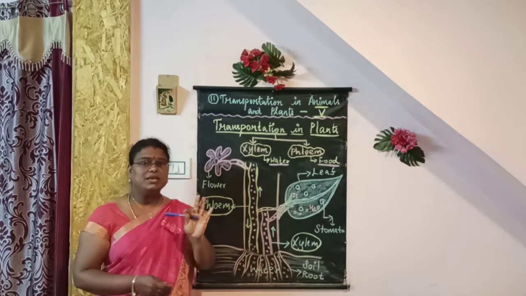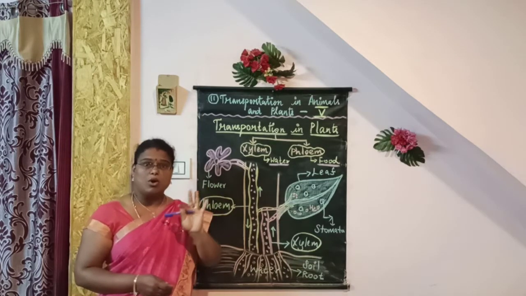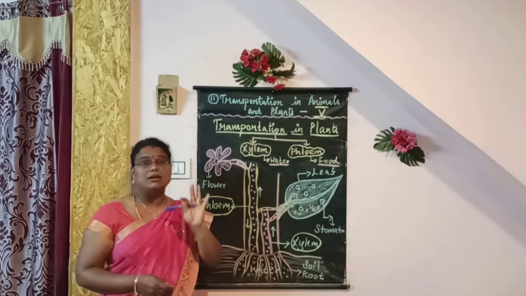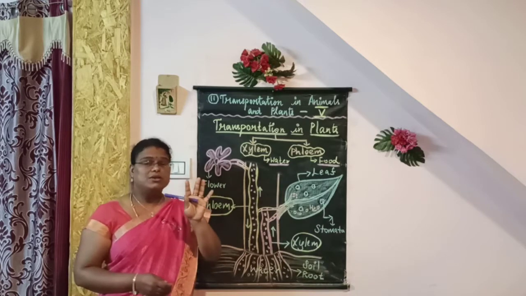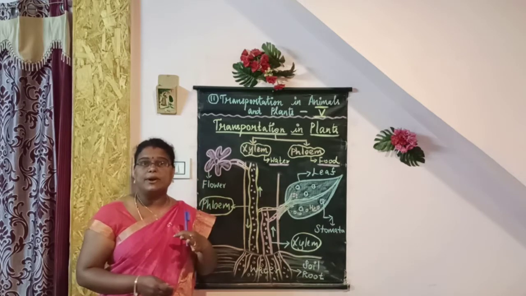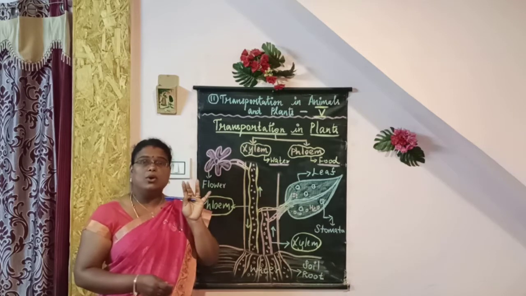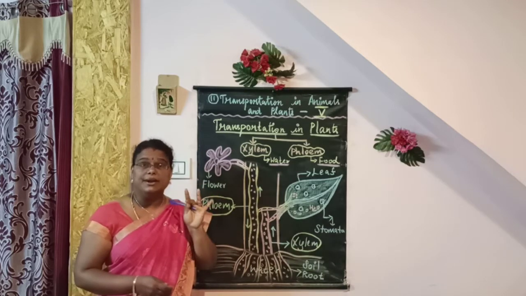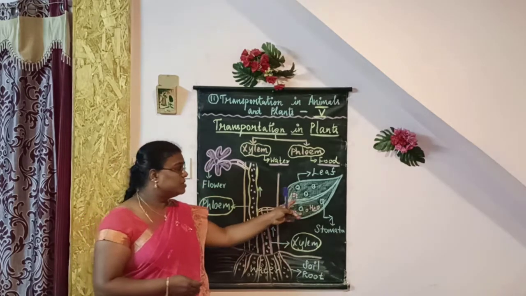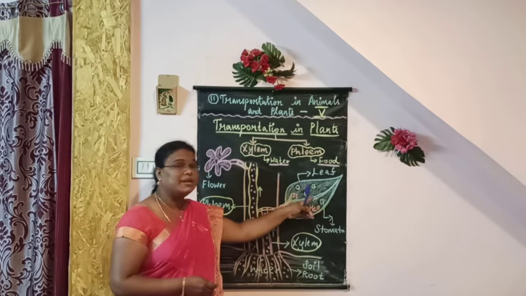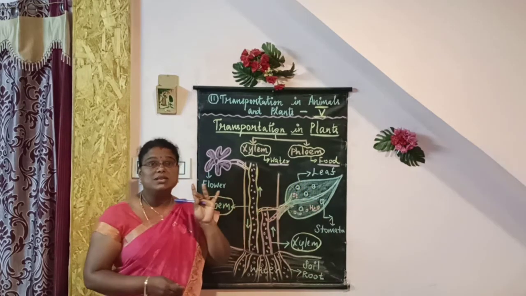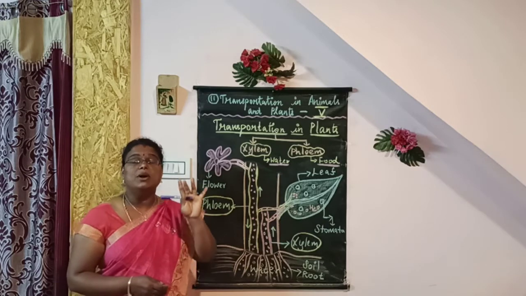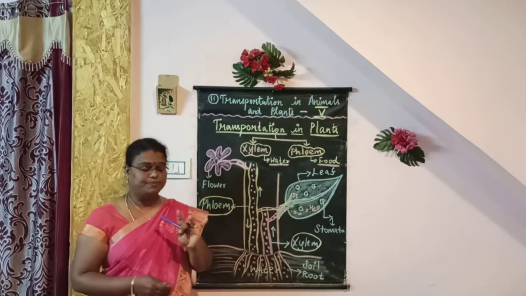We'll see the sources of the raw materials, or how it gets the raw materials. Solar energy, it traps from sunlight. Chlorophyll is a green pigment which is already present in the leaf. So, this chlorophyll has the ability to trap the solar energy.